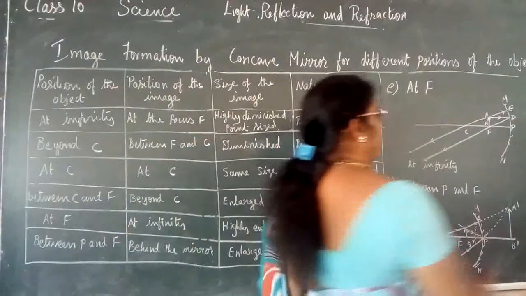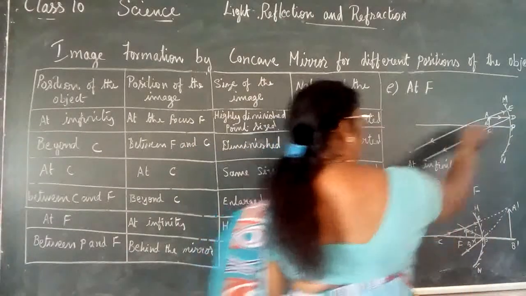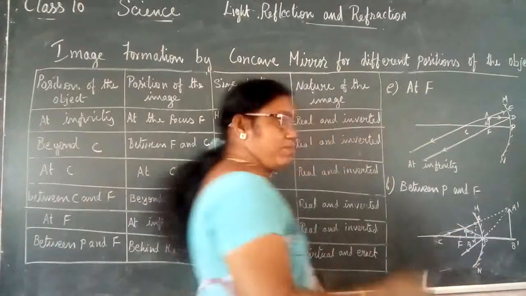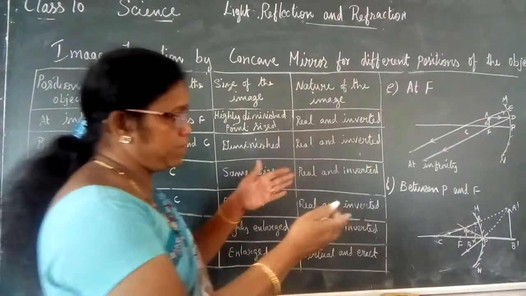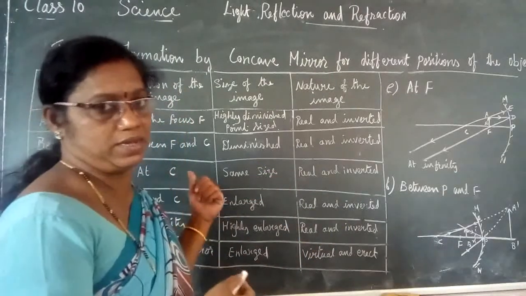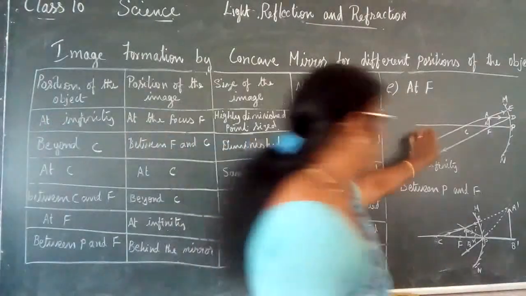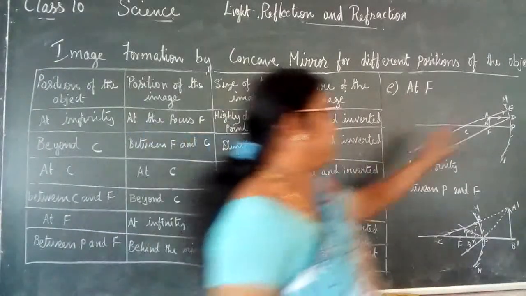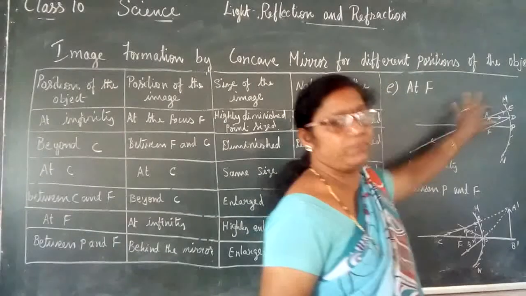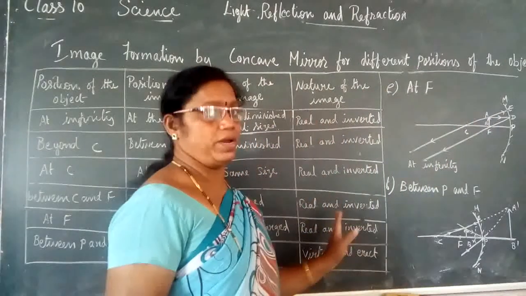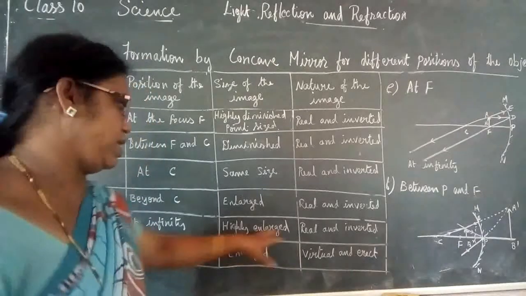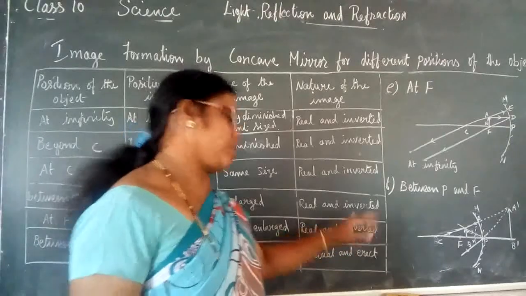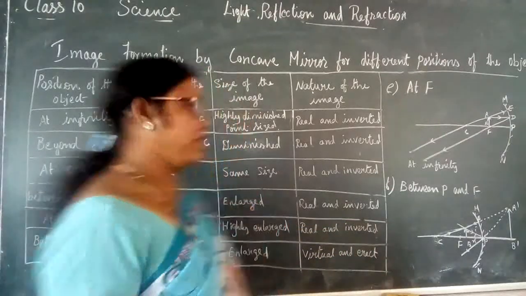So when we extend these two rays, they never meet here, but the possibility is that they meet at a very far distance. When these two rays meet at a far distance, you are going to get the image of the object, an enlarged one, very big in size, highly enlarged, and you can catch the image on a screen, and it is an inverted image.